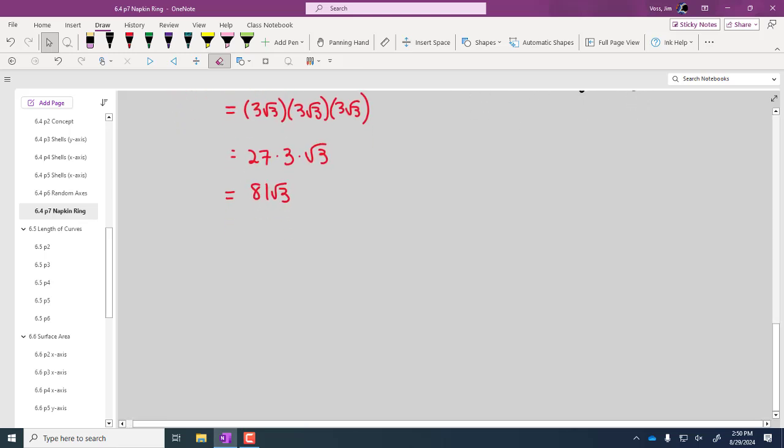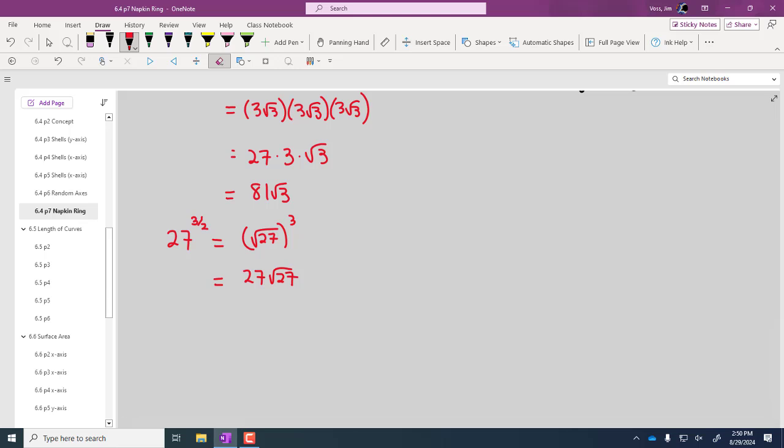So you could do this also. 27 to the 3/2, you could say that is the square root of 27 cubed. Well, the square root of 27 cubed is 27 root 27. You're going to cube the square root.